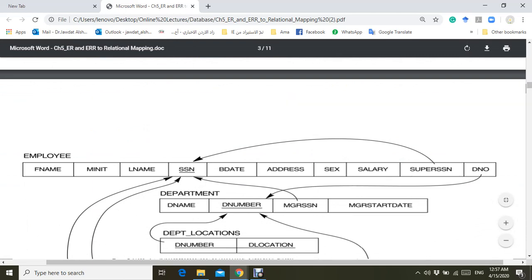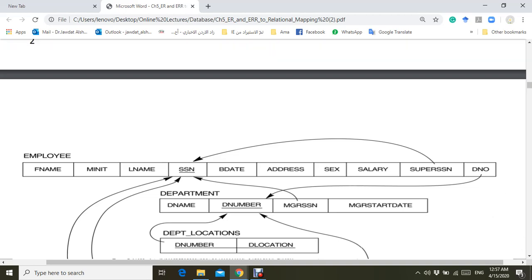So each entity will become a relation. The employee entity in the mapping will become a relation consisting of all the attributes in the ER diagram plus any other foreign keys regarding the relationship with other entities.